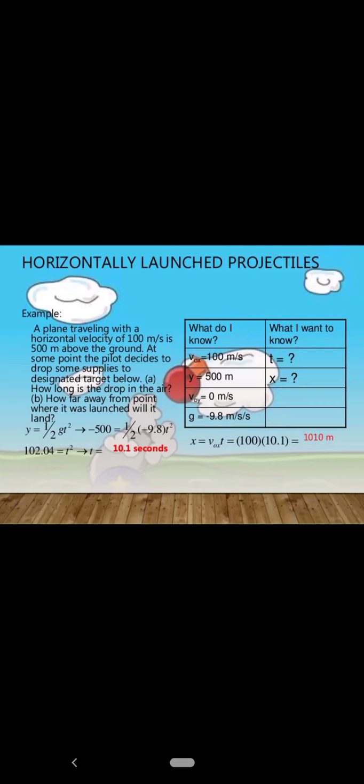Let us see what variables are given in the question and what we need to find out. We are given Vx, which is 100 meters per second, y equals 500 meters, Vy equals 0 meters per second, and the value of g is minus 9.8 meters per second squared. We need to find the values of t and x.